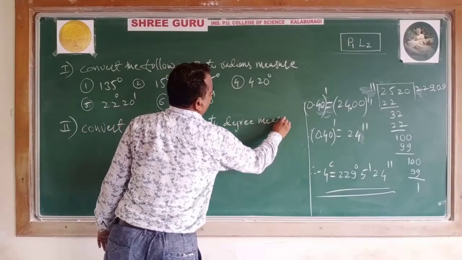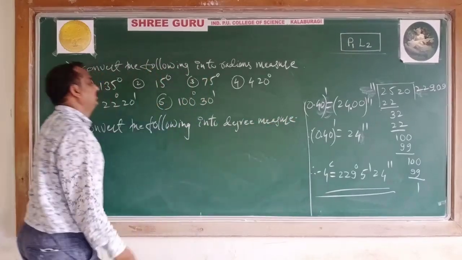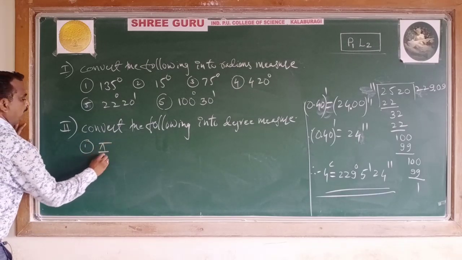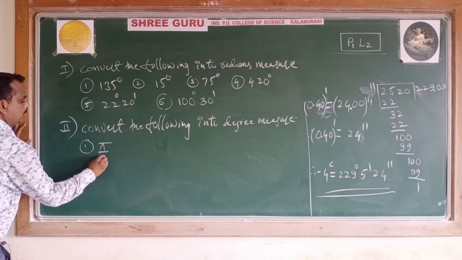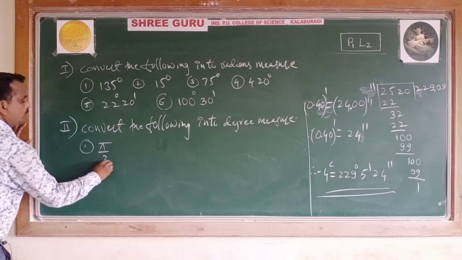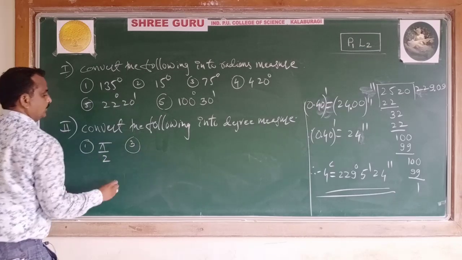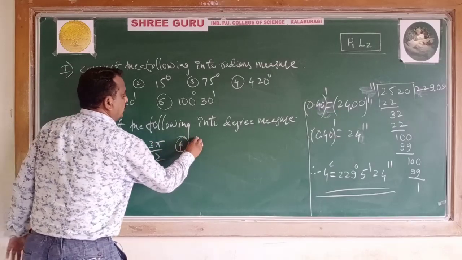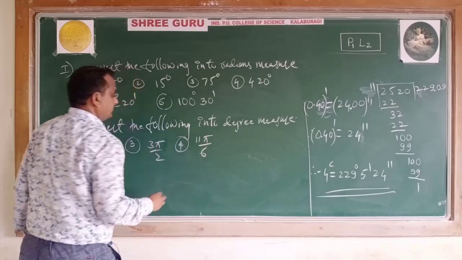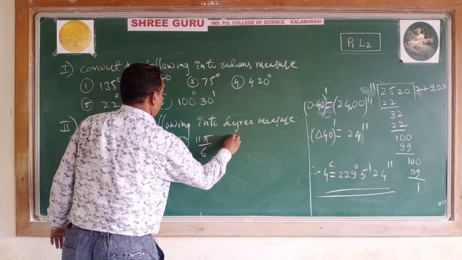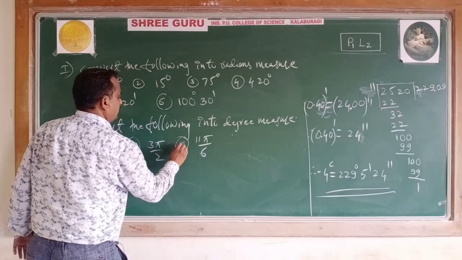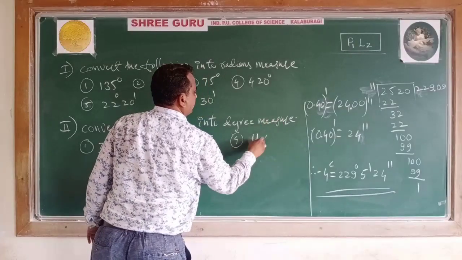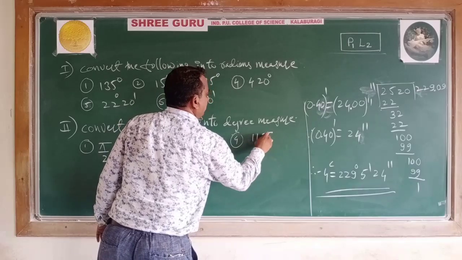Same 6 examples, 4 simple and 2 fractions: pi by 2, 3 pi by 2, 11 pi by 6, 17 pi by 3.